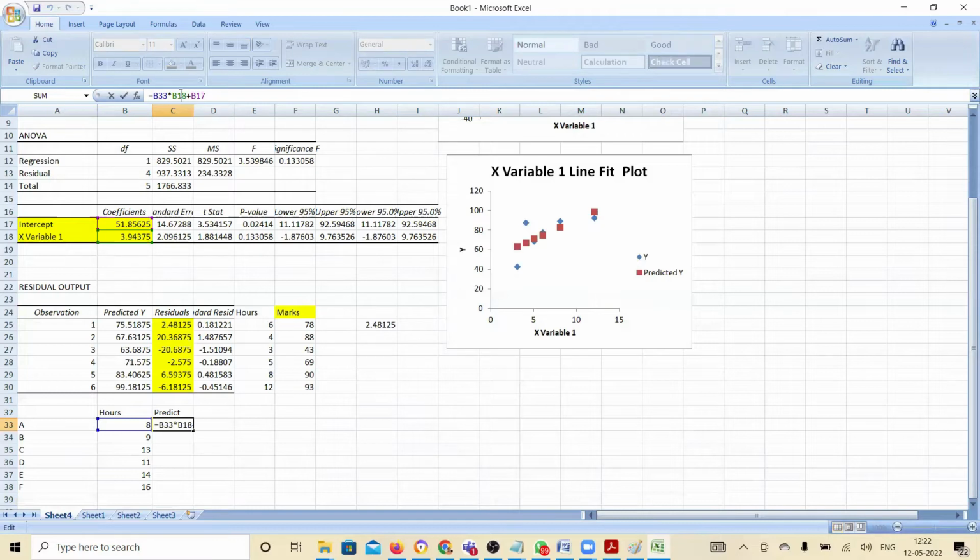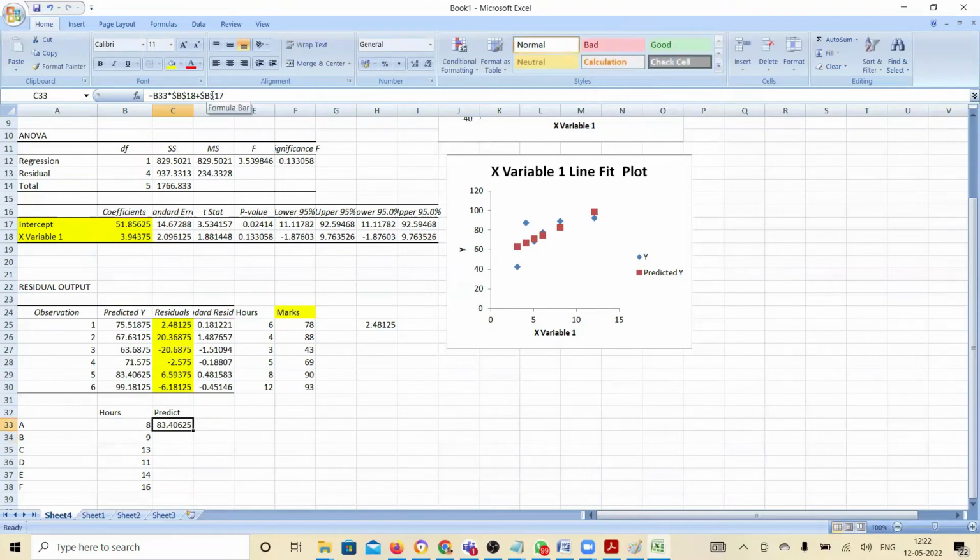Okay. Let me make it fixed here. So F4, oops, F4, why is it moving? Okay, manually let me put. So to fix this, we have to say $B, $8, and $B, $17.